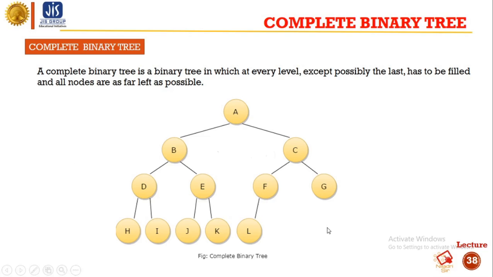Any node can have fewer than two children, but it must be as far left as possible. If L was on the right-hand side of F, then it would not be a complete binary tree. To be a complete binary tree, L must be on the left-hand side.